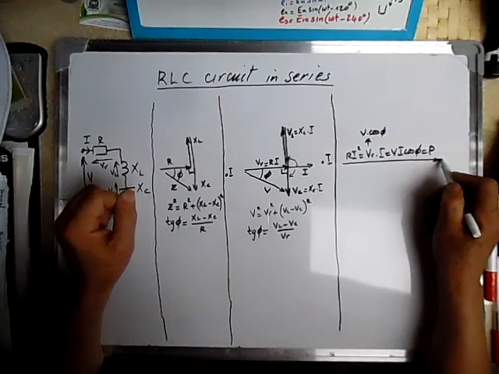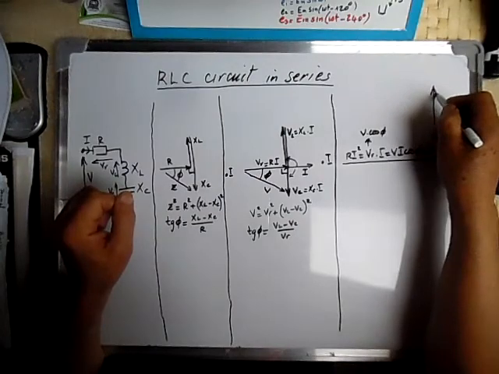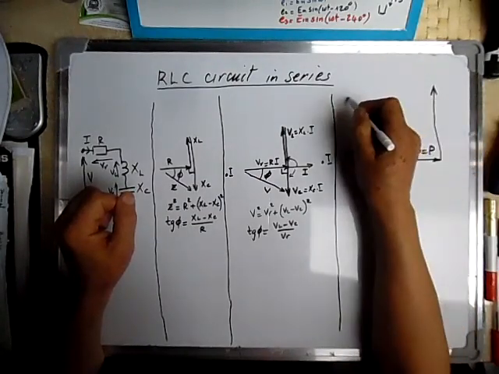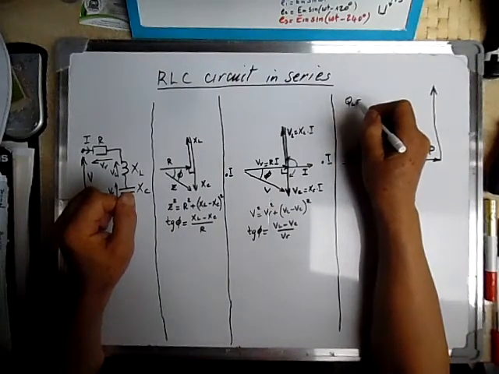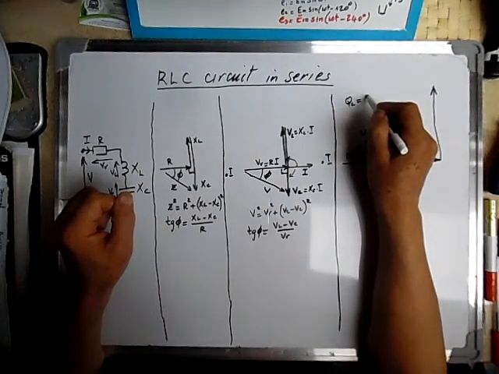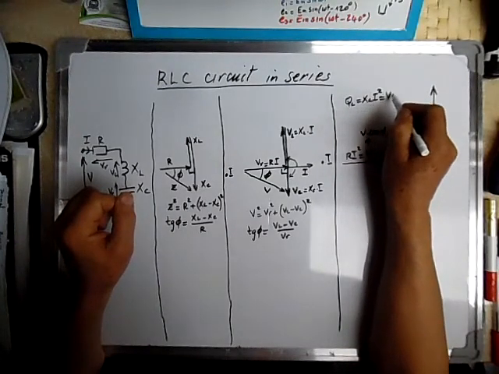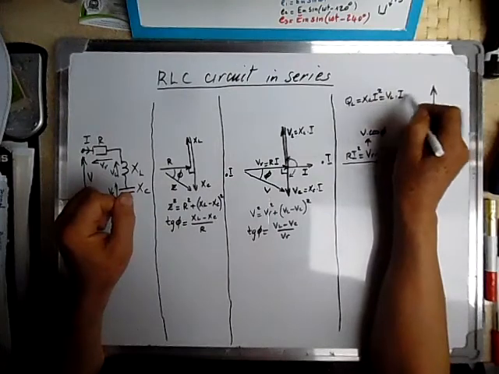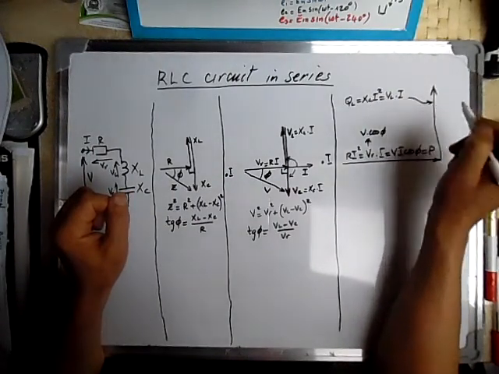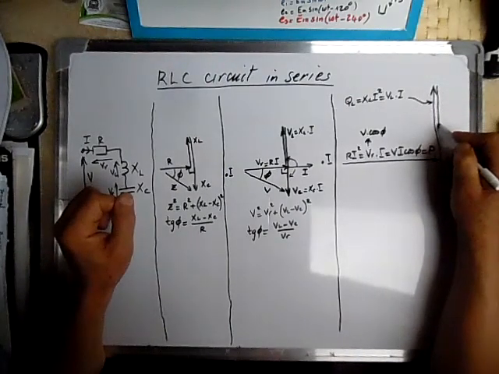Now, if I draw VL times I, which is QL, I will write it here, QL is XL times I squared or VL times I. Okay, this is the equation for this vector, power vector.